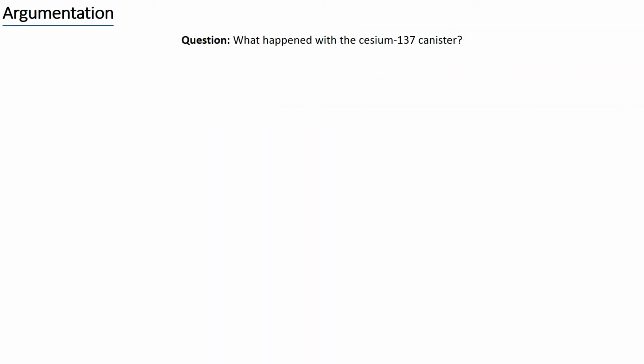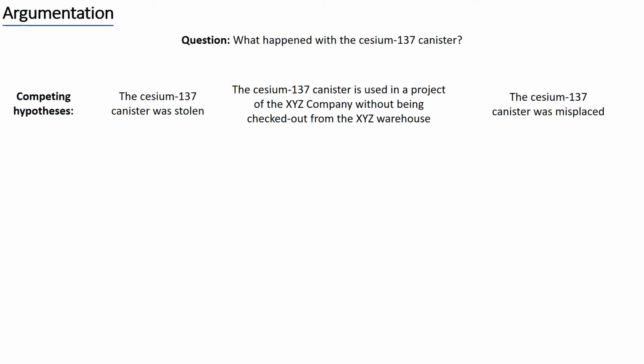We start with the intelligence question, what happened with the cesium-137 canister? Based on the problem description, we need to imagine the possible answers to this question. In this case, we see three possible answers. The cesium canister was stolen.